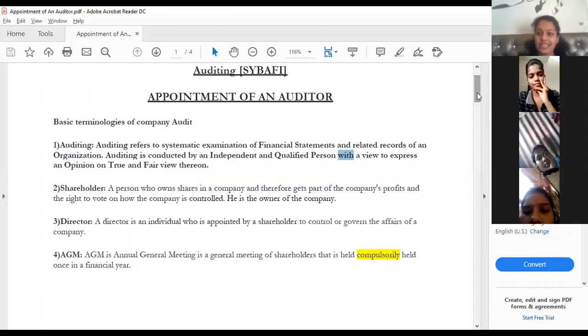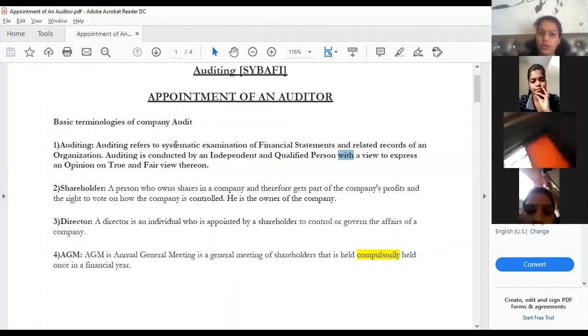So first let us understand what is auditing all about. Auditing refers to a systematic examination of financial statements and related records of an organization. Auditing is conducted by an independent and qualified person with a view to express an opinion on true and fair view thereon.